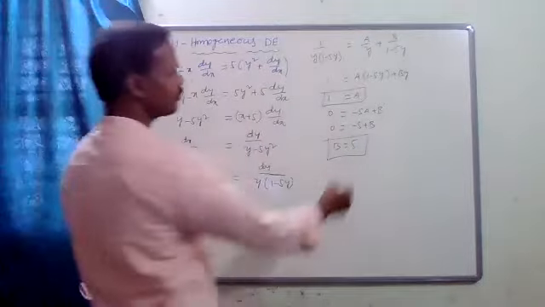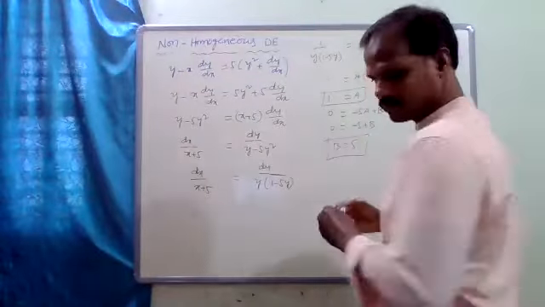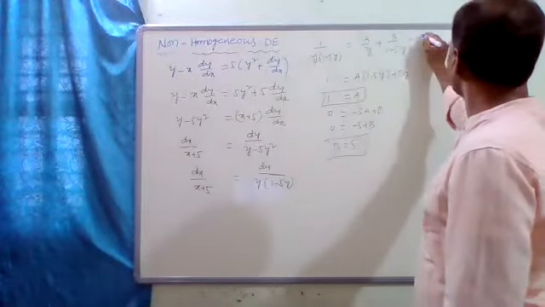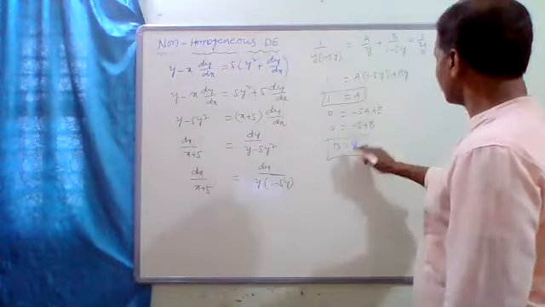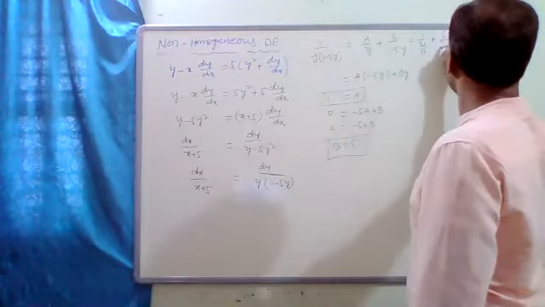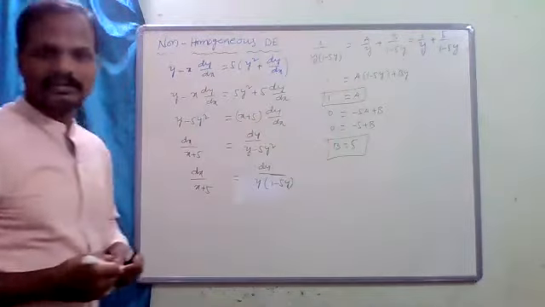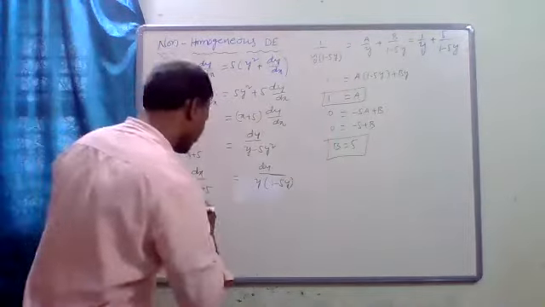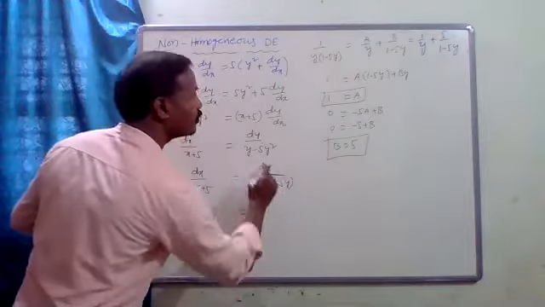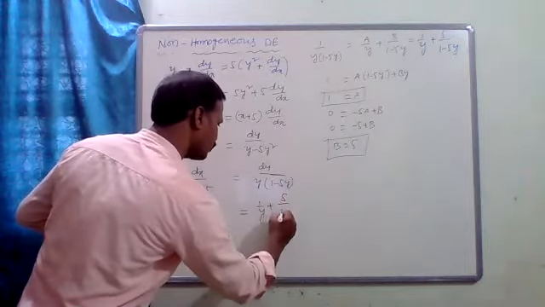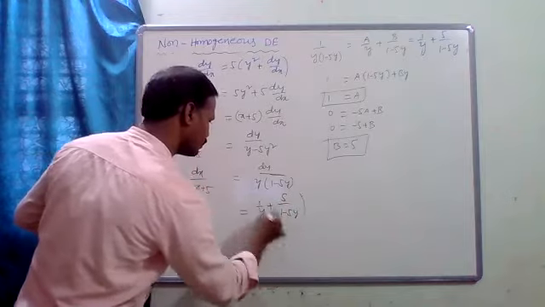Now this can be written as 1 by y plus 5 by 1 minus 5y dy.